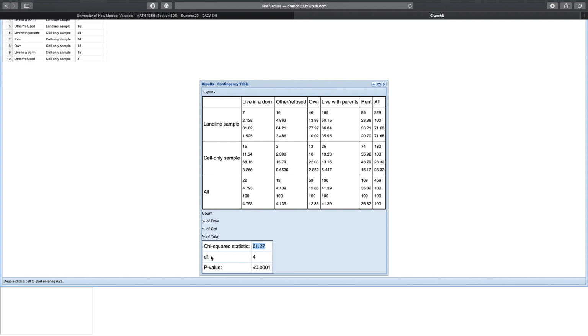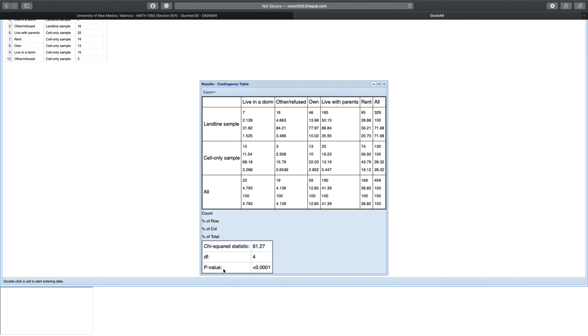Degree of freedom is the number of columns minus 1 multiplied by the number of rows minus 1. It means if I have 5 columns, 5 minus 1 is 4. If I have 2 rows, 2 minus 1 is 1. So 4 multiplied by 1 gives us the degree of freedom.